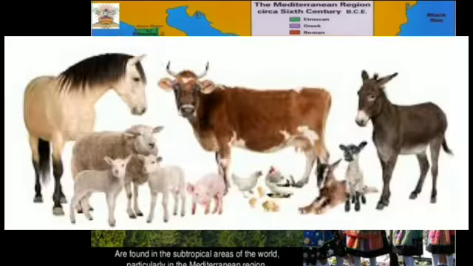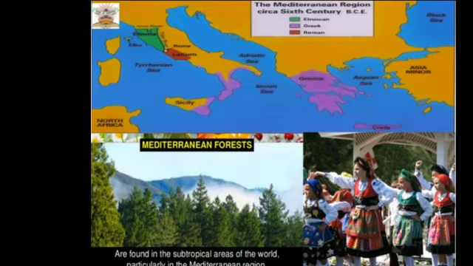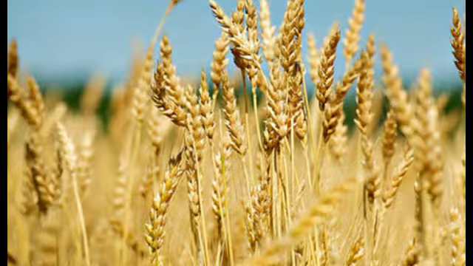And the main staple diet, meaning the food they eat, is wheat products. Why? Because wheat cultivation is in large numbers in the Mediterranean region. That's why wheat and wheat products are their staple diet.